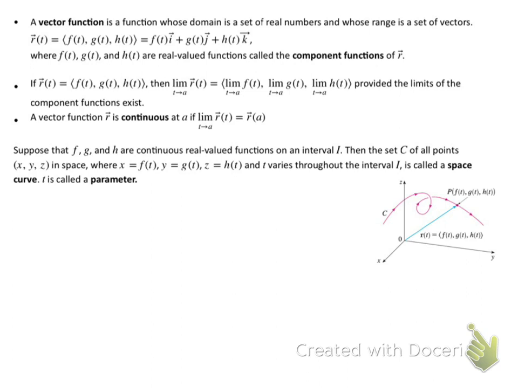When your t changes in its domain, all the points it creates will be connected and will move through R3 space, and that is called a space curve. Since you express the curve by expressing the components in t, t is the parameter.